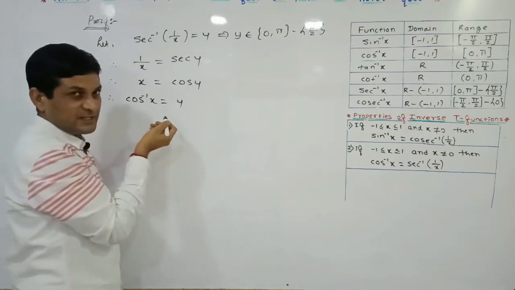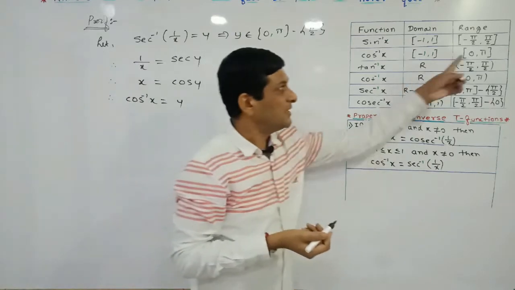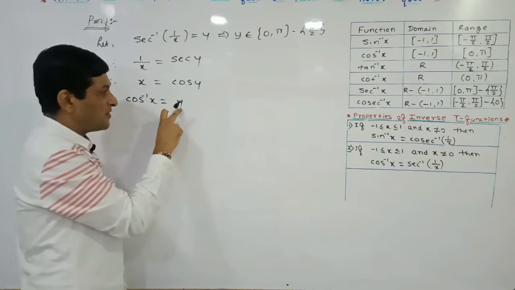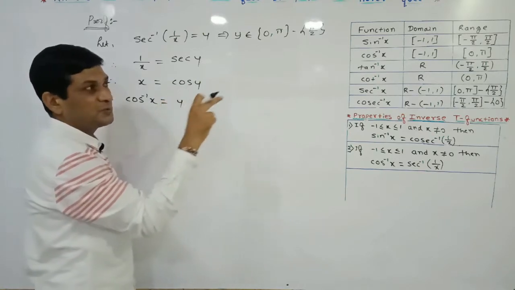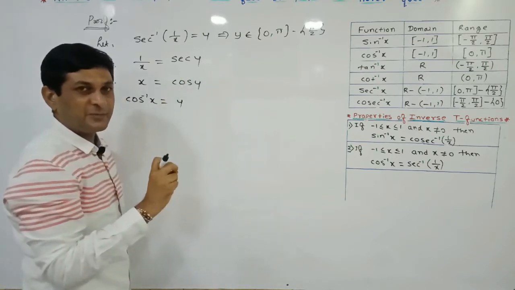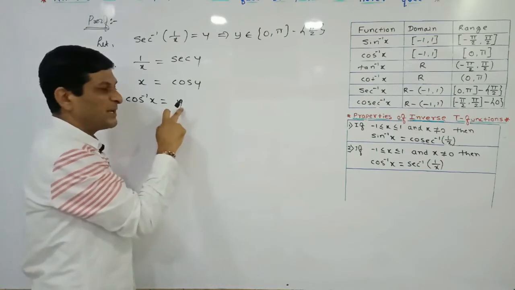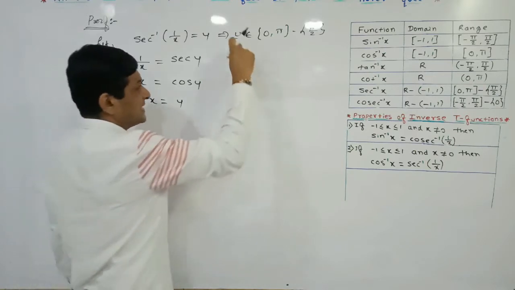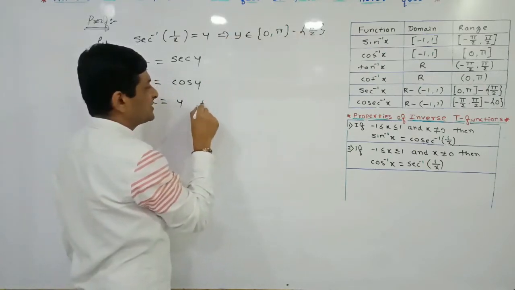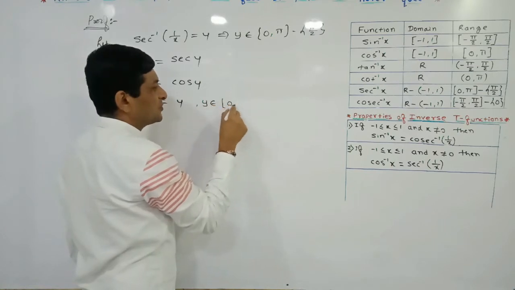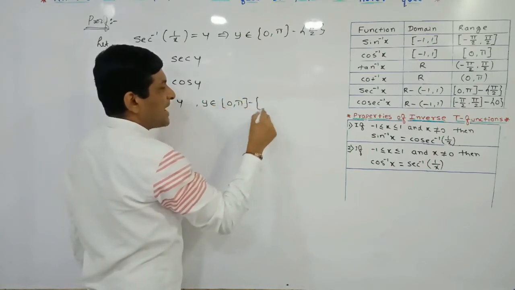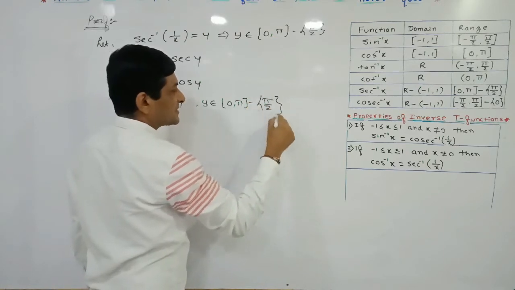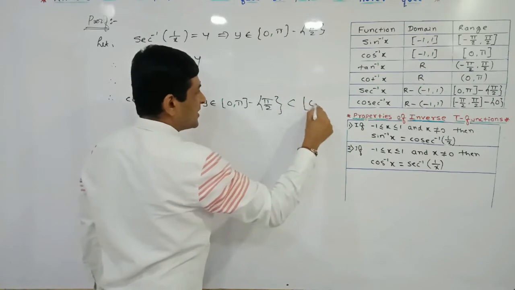And now this y is nothing but the value of cos inverse of x, which means it should belong to which interval? 0 to pi. Now the only remaining part is to check whether this value lies in that interval or not. Here we have already got the result that y belongs to 0 to pi excluding pi by 2, and this is a subset of 0 to pi.